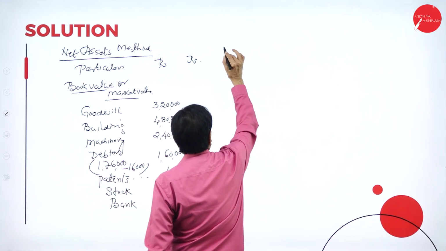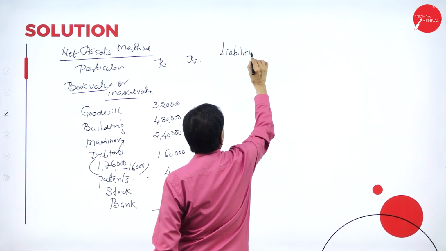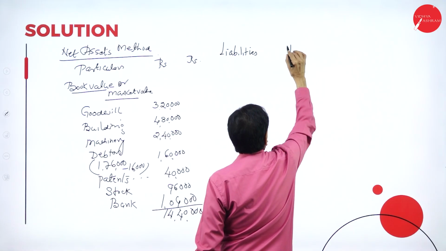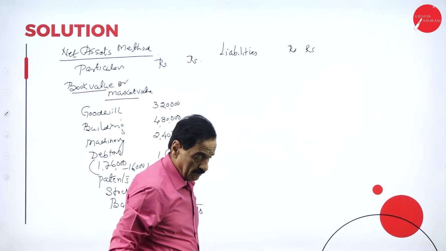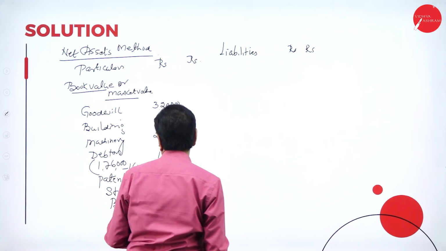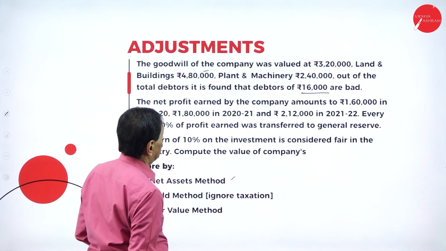Next, liabilities. Come back here. What are the liabilities? Creditors, 2,56,000.